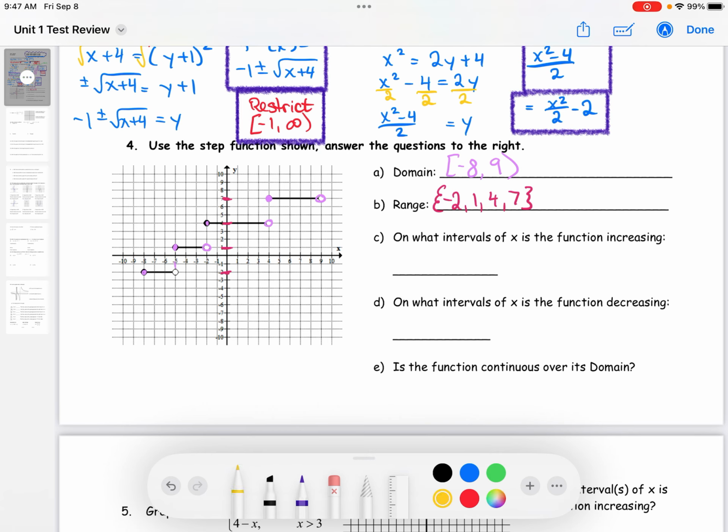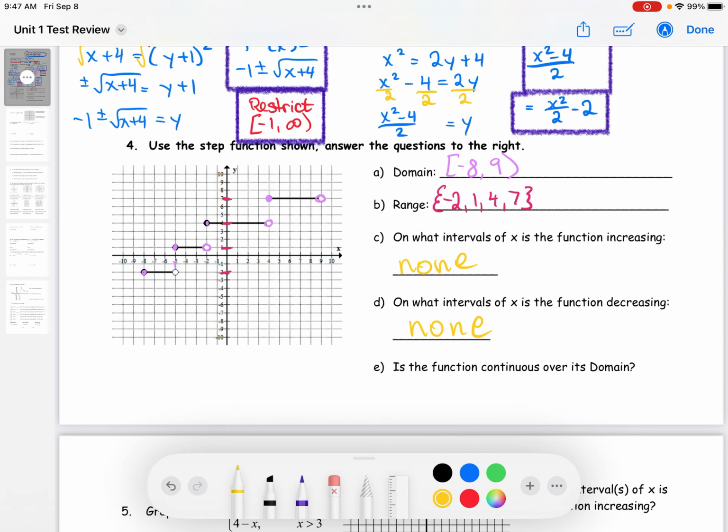Now, on what interval are these functions increasing or decreasing? And that is none. The function does not exist between the steps, so there is no increase or decrease. To be an increase or decrease, we would have to have some kind of slant, and none of the steps have that slant.